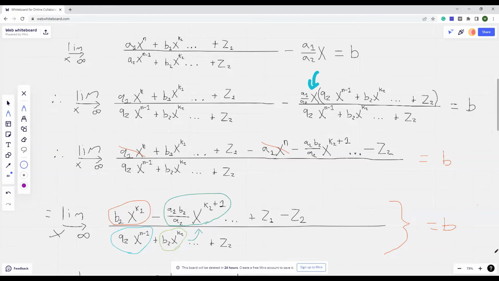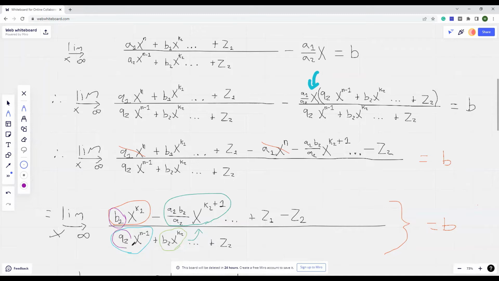So what we're really going to end up with is a situation where, to really simplify things, there's only a few coefficients. That's the real key thing here. There's only a few coefficients we're going to worry about. B1, that's the coefficient on the term raised to the second highest power in the numerator.